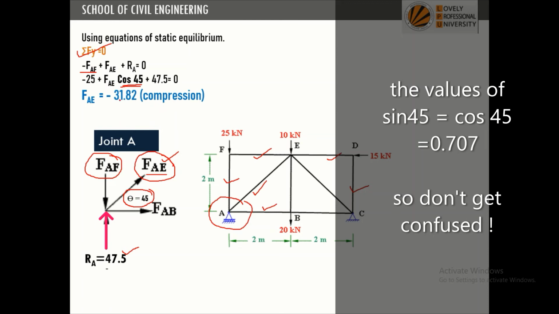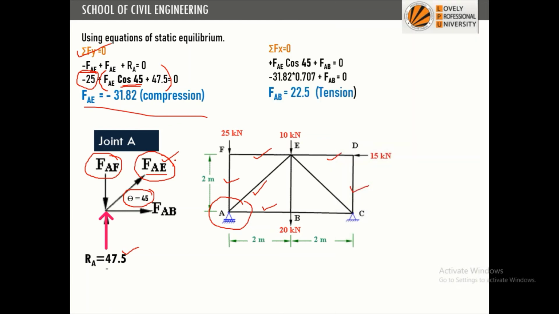Plus 47.5, it is going up. The upward forces are taken as positive. These two forces are taken as positive as they are going up. And FAF is downward, so we are taking it as minus 25. Solving this, we get FAE is equal to 31.82, and the minus sign shows that it is not tension, it is compression.